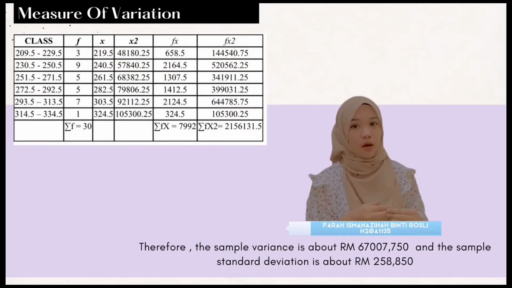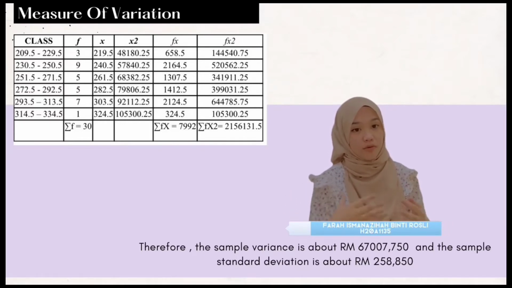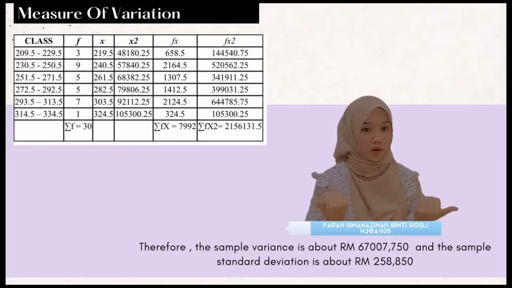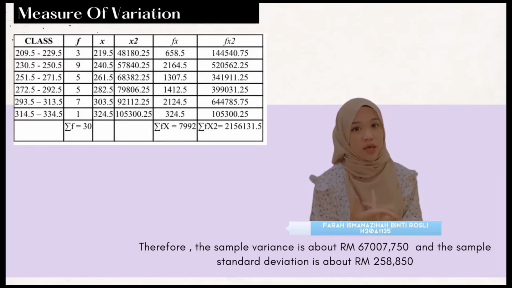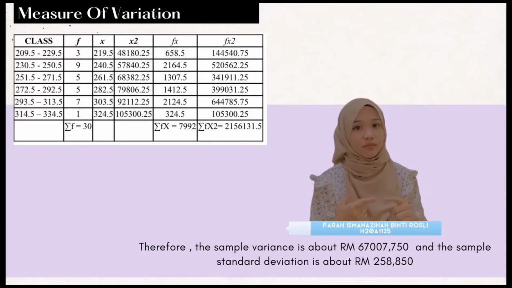Now, the measure of variation. According to the table of bungalow prices, we calculated the variance using the formula s squared equals 1 divided by n minus 1, times the total of frequency times midpoint squared minus the square of the total of frequency times midpoint divided by n.